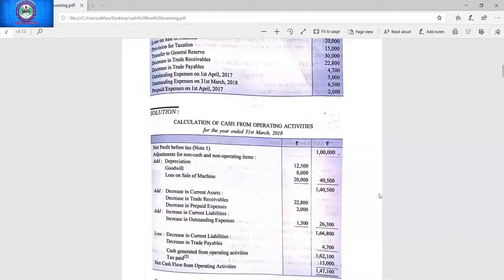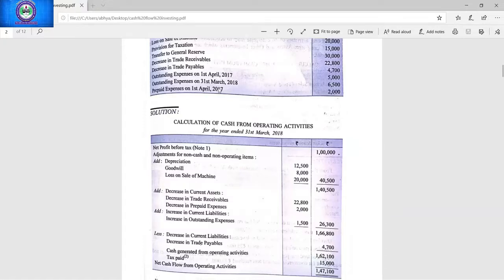Now, Harshita, you have written that you did not understand prepaid expenses. Okay, I am telling you about prepaid expenses. Prepaid expenses on 1st April 2017 are given as 2,000. So in the beginning of the year, prepaid expenses were of rupees 2,000. If no closing balance is given, then what may we assume?